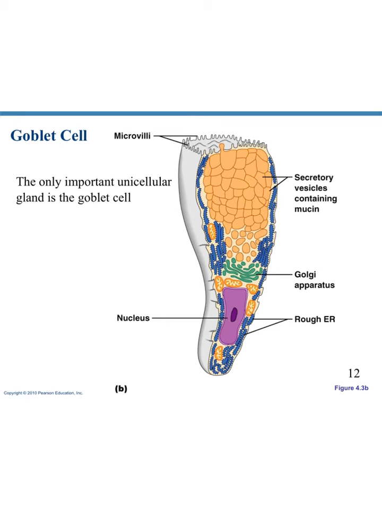So the important unicellular cell is what we call a goblet cell. And basically, its Golgi is going to make these little vesicles filled with mucin. And this mucin is exocytosed at the apical surface of these cells. And of course, one of the main components of extracellular fluid is water.